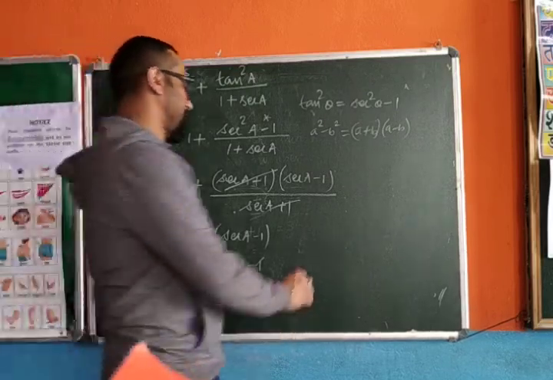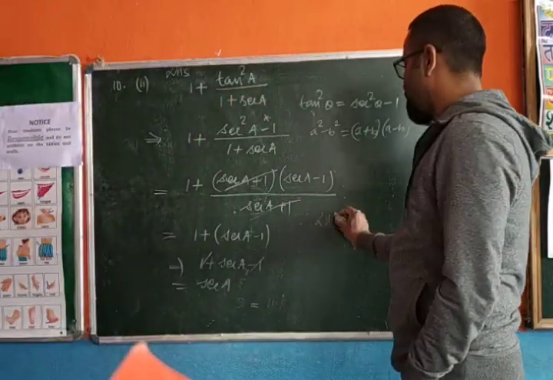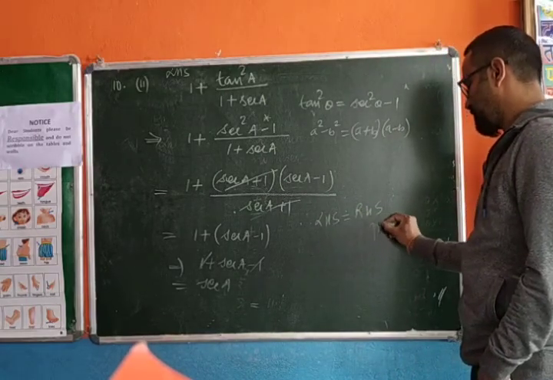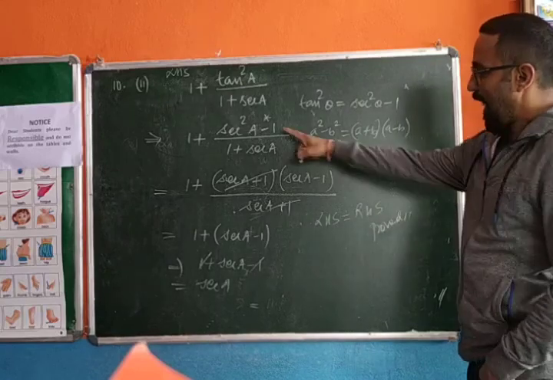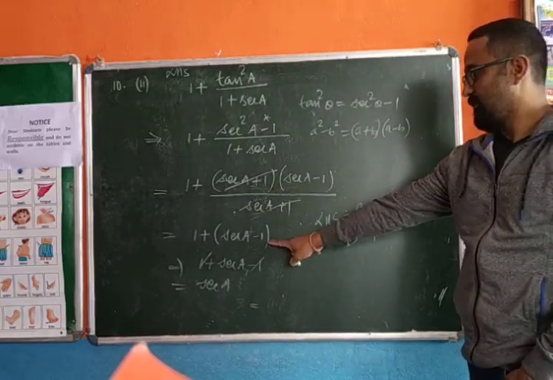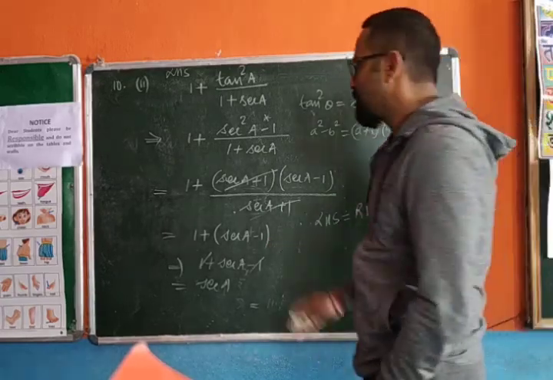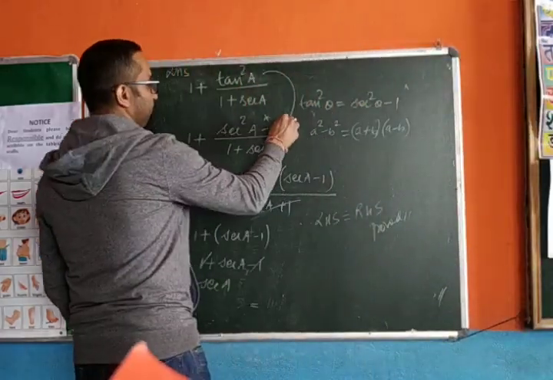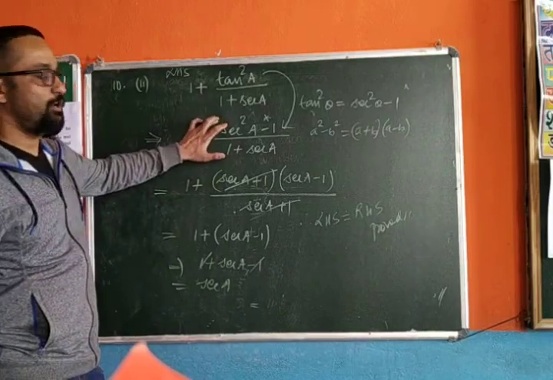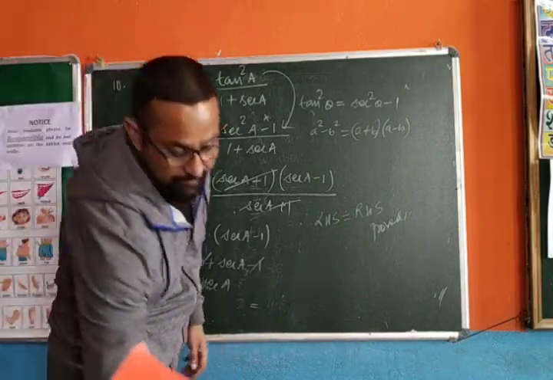Therefore left hand side is equal to right hand side, proved. Application of formula here, then algebraic expansion, cancellation. So in only one case we use trigonometrical formula, then we use algebraic formula and simplify it.